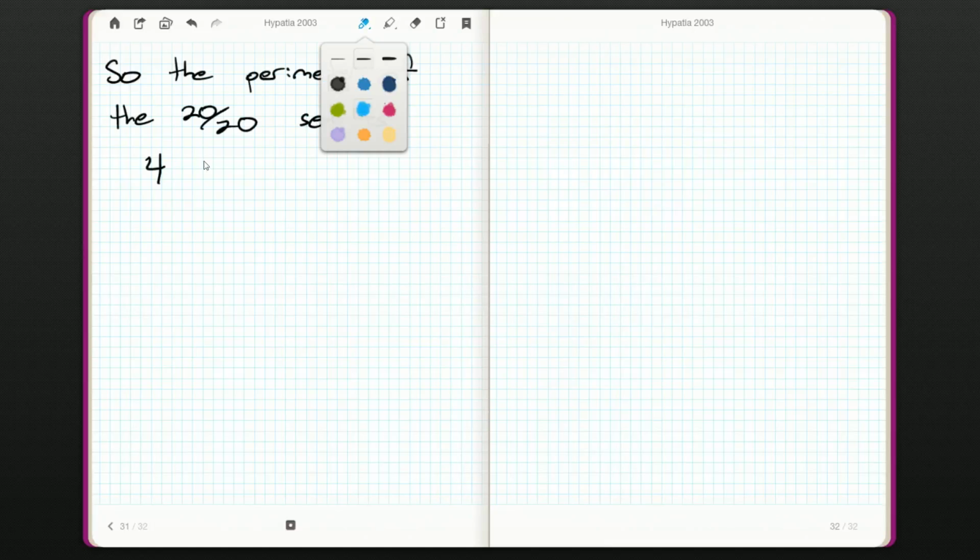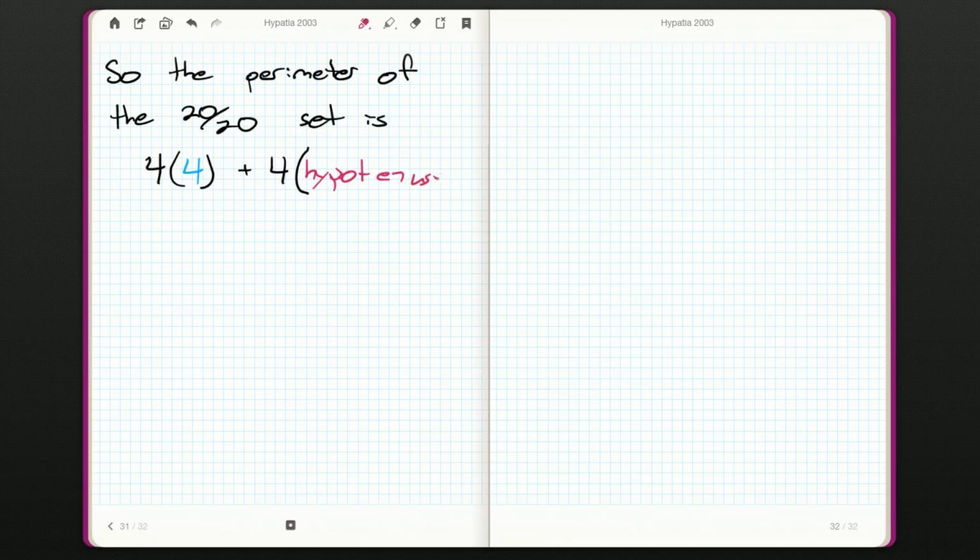So it's 4 copies of 4, plus 4 copies of the hypotenuse of each of these right-angled triangles here, with side length 10.